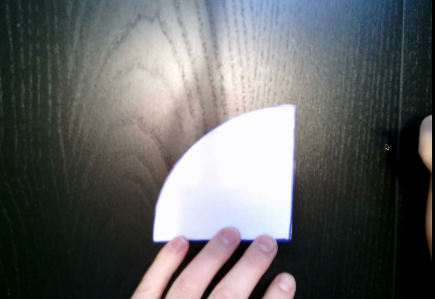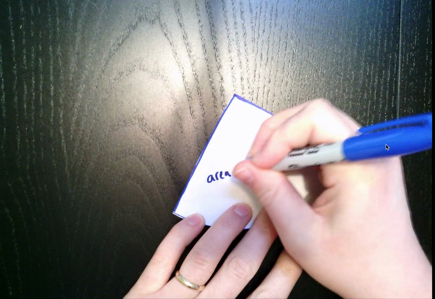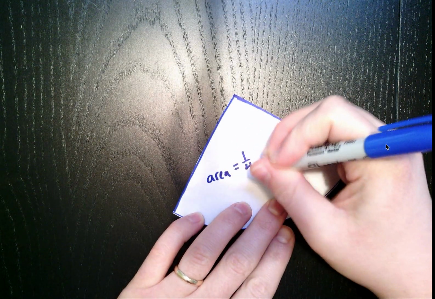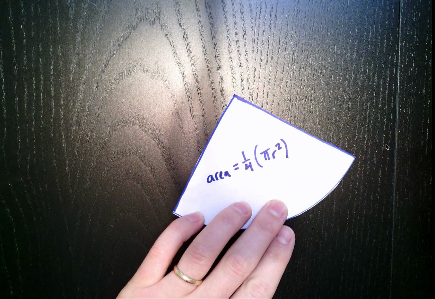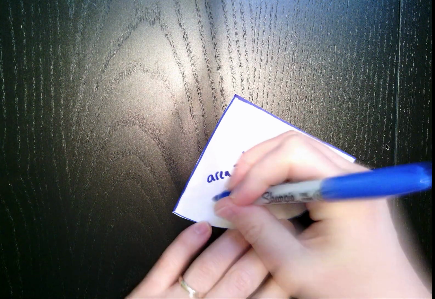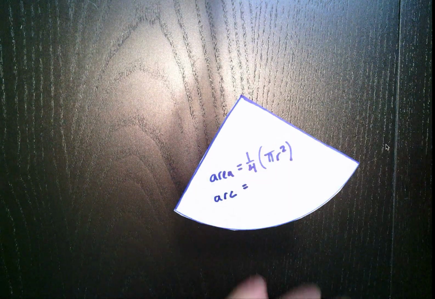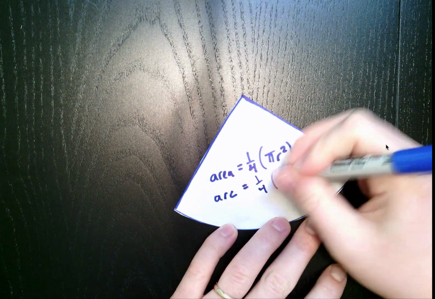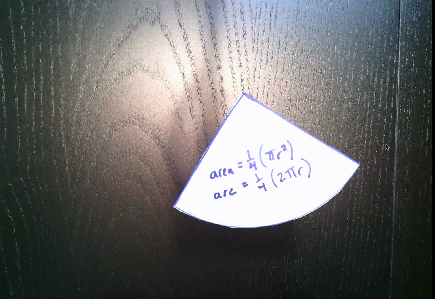If we had a quarter of a circle, which does not have a fancy name, the area of this big slice would just be 1/4 of our circle's area. The length, the arc, the arc length would be 1/4 of the circumference if we had our complete circle.